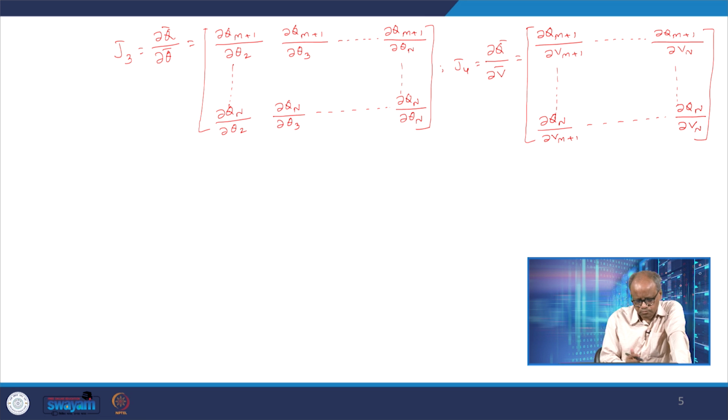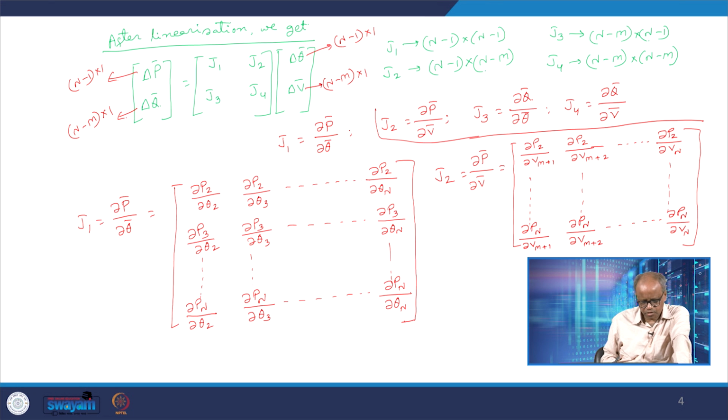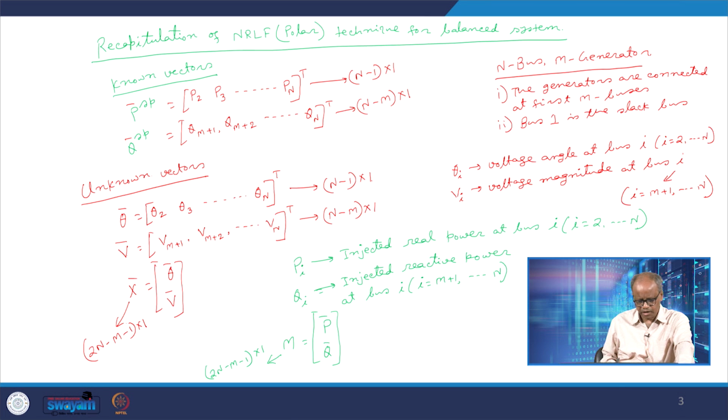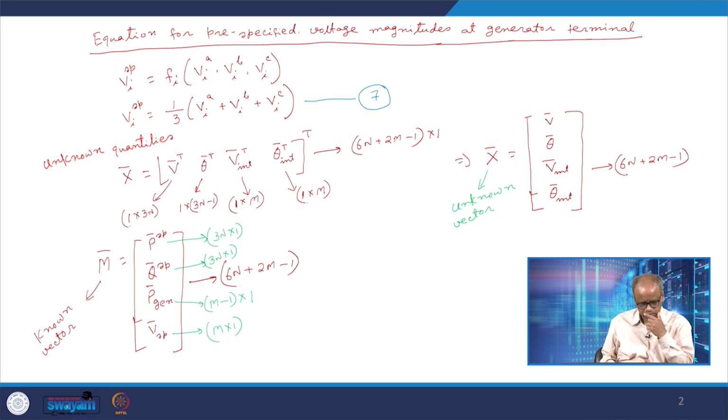So going by the same, similarly, because here known quantities are at the left hand side and the unknown quantities are at the right hand side, by the same token we can write down that my known quantities are del P, del Q, del P gen, del VSP.